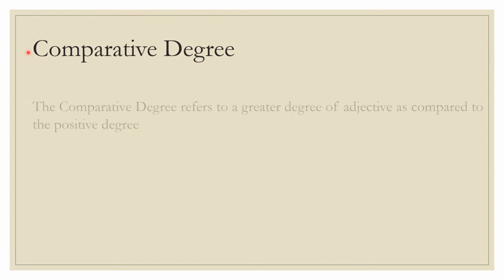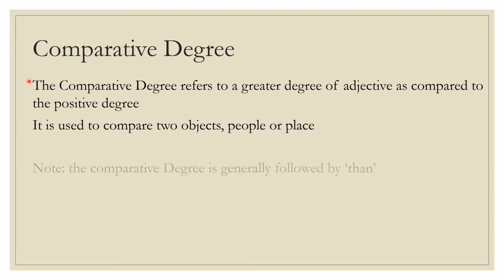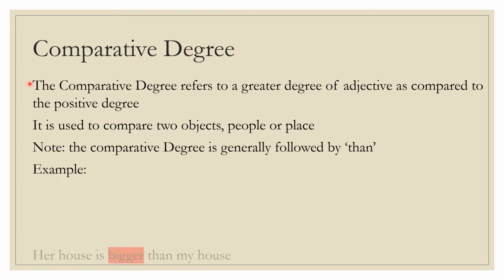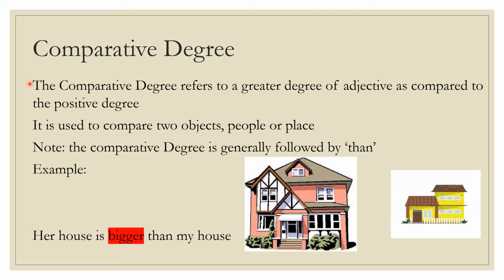The comparative degree. The comparative degree refers to a greater degree of adjective as compared to the positive degree. It is used to compare two objects, people, or places. Note, the comparative degree is generally followed by than. Look at the following example. Her house is bigger than my house.